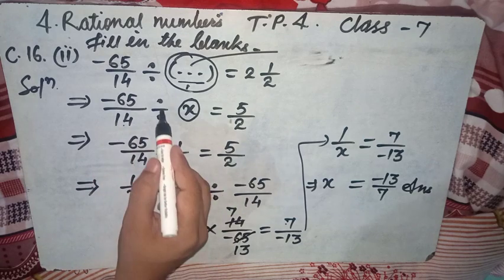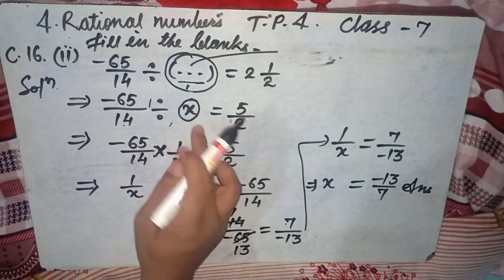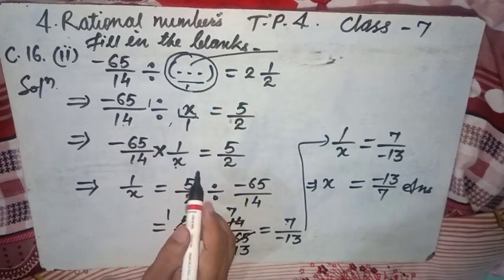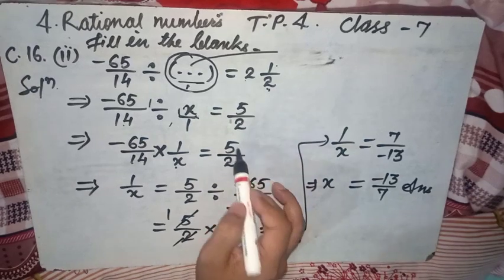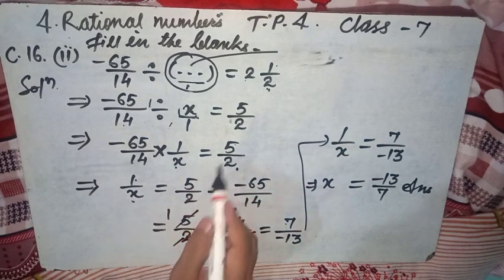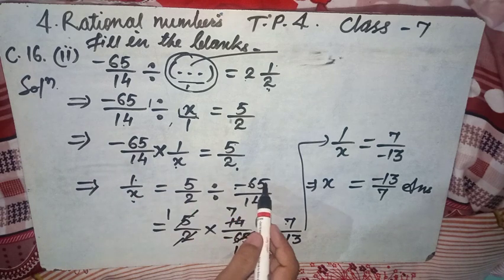Now change this operation to multiplication. Now this will also change, here it becomes 1 by x. Okay, now here 2.5 is 5 by 2. This is as it is. Now this is 1 by x, this is 5 by 2, and this will go in division, that means minus 65 by 14.